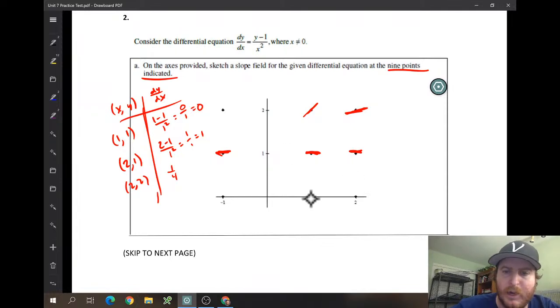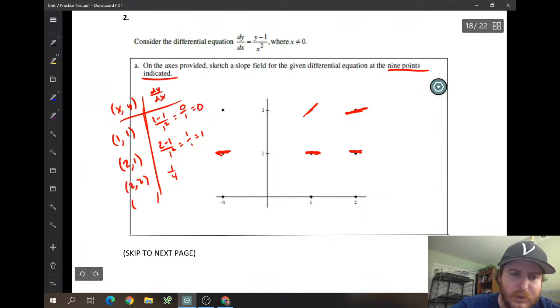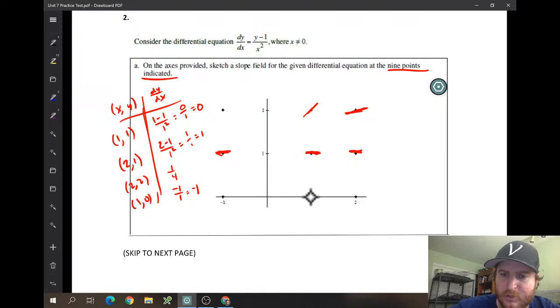Okay. I'll go down to here, to my x's being 1 and my y's being 0. So this is 1, 0. 0 minus 1 is -1, over 1 squared is 1. So I get -1. So right here it's down 1 over 1, or up 1 left 1. I'm trying to connect it about there.